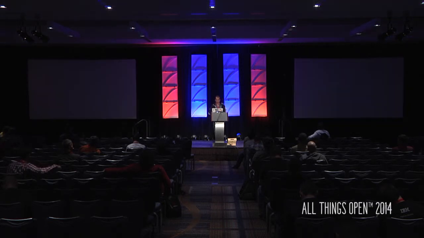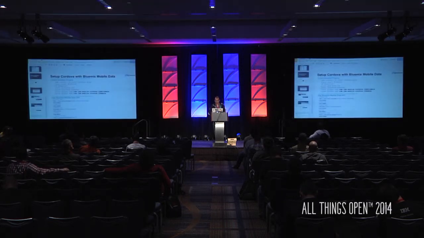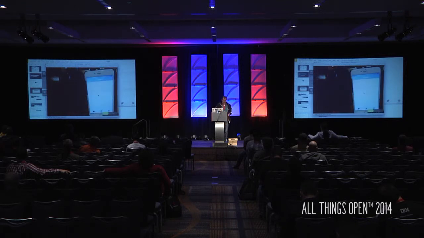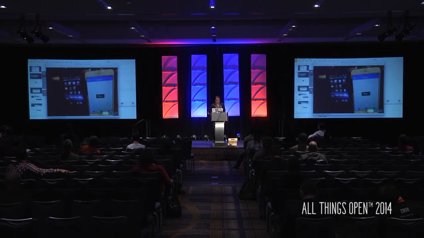Let me show. So that was the app running in the simulator. I have the same app running on these devices. I have an iPhone and I have an Android. The bigger one is the iPhone. Now I can say that, I have a 6 Plus.